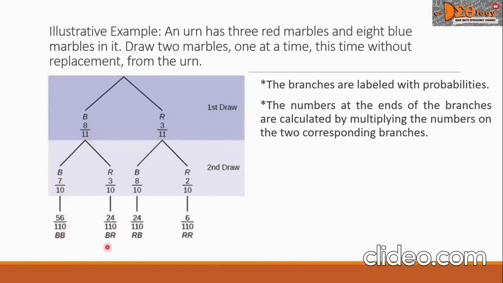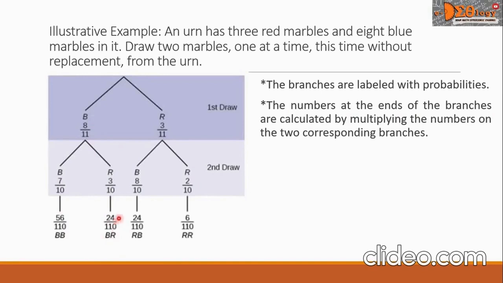The second probability here is 24 over 110, and this is BR. This is the probability when we have B, meaning blue in the first draw, and R, meaning red marble in the second draw.